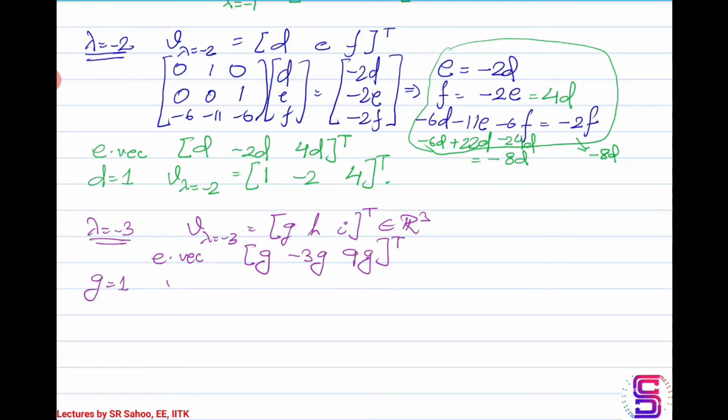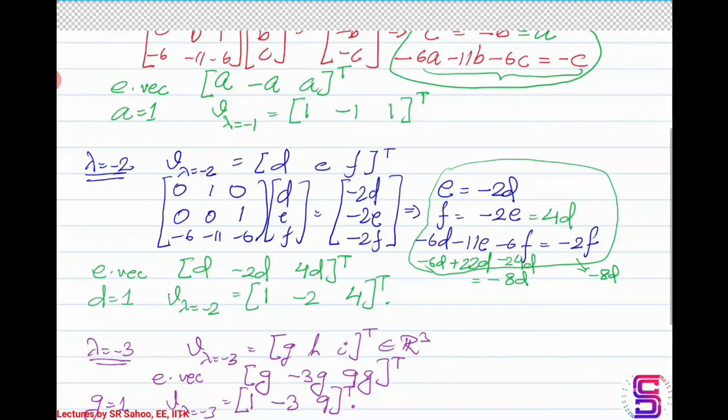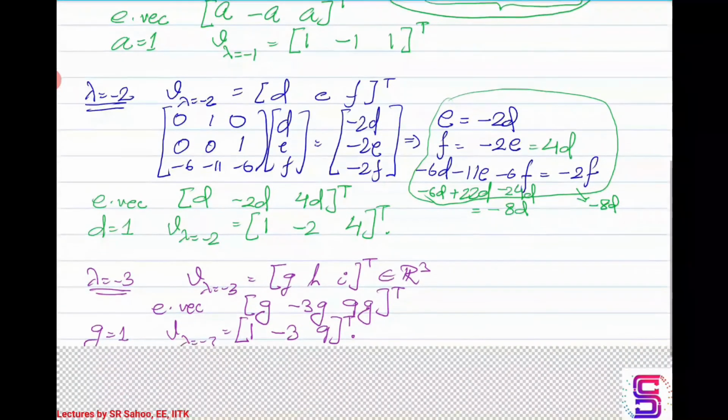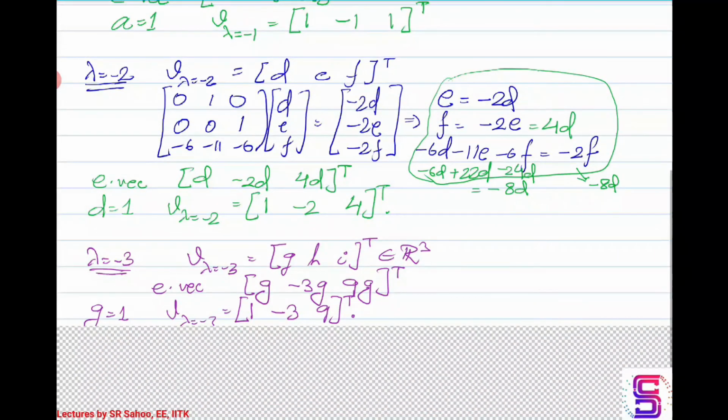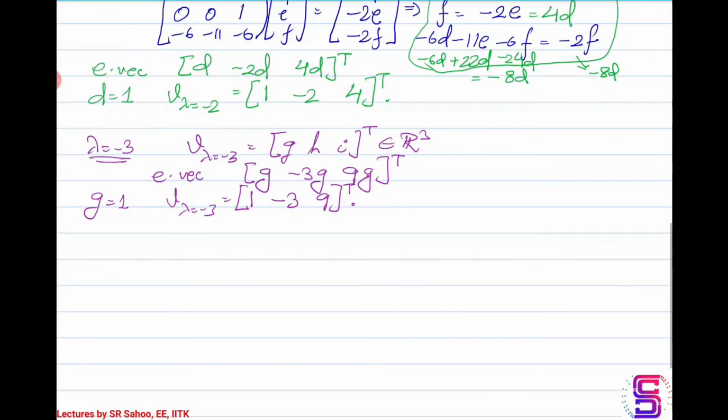Again, I'll choose G to be equal to 1, giving me my eigenvector. Please verify if this is correct or not. So the eigenvector that I am claiming is 1, minus 3 and 9. So for lambda equal to minus 1, lambda equal to minus 2 and lambda equal to minus 3, we get the eigenvectors.